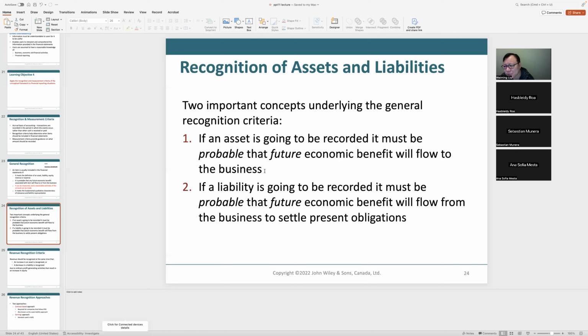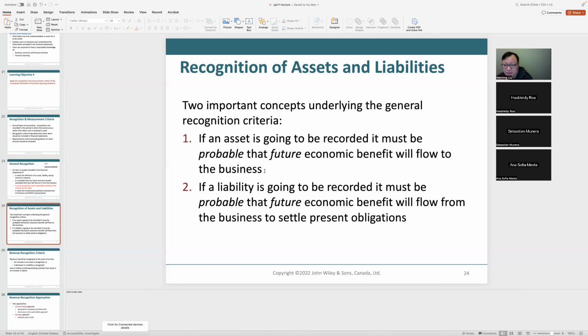Most likely, it's going to settle this problem with some money to the owner's family, right? Yes, I think so. So in this case, it's probable that the future economic benefit will flow from the business. So the cash will go from the construction company to settle that obligation.